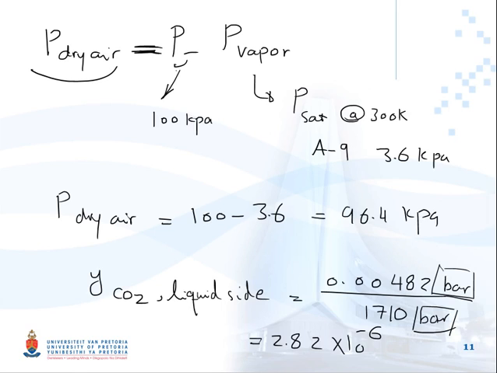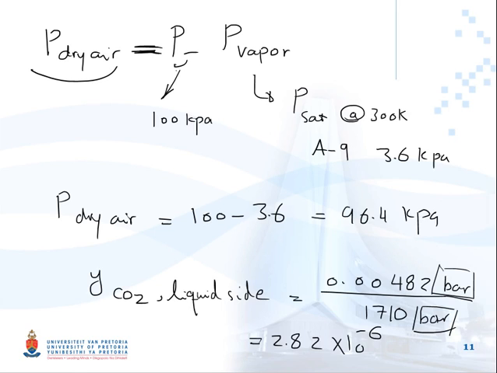So basically what we did was, first we assumed that carbon dioxide and water vapor are ideal gases. After that we said that because they are ideal gases, the P of dry air is equal to the total pressure, which is 100, minus P of the vapor.